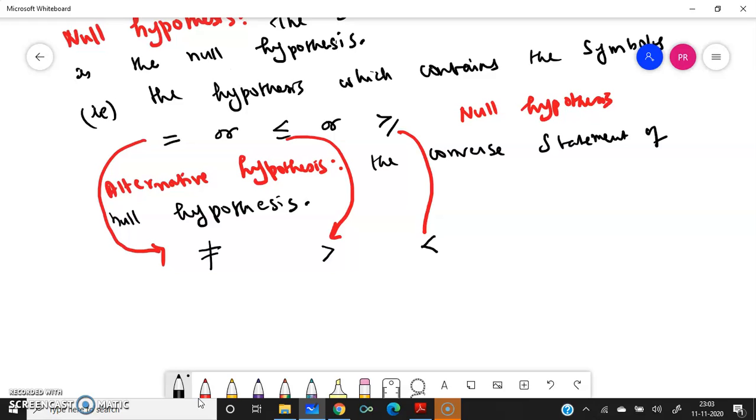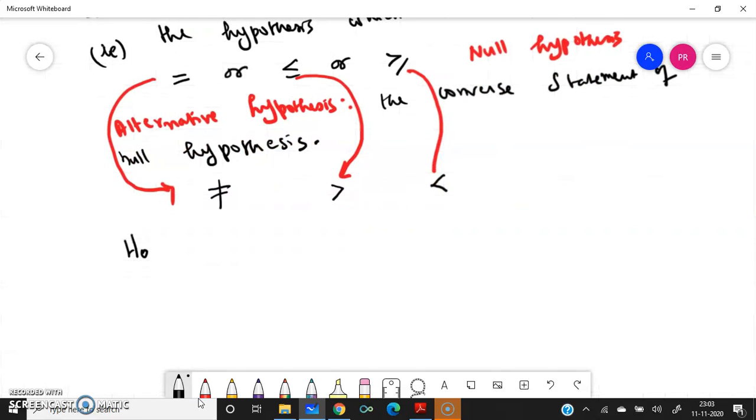And now how to denote it? Next is how to denote it. H naught. We denote null hypothesis by H naught, and we denote alternative hypothesis by H1 or HA.